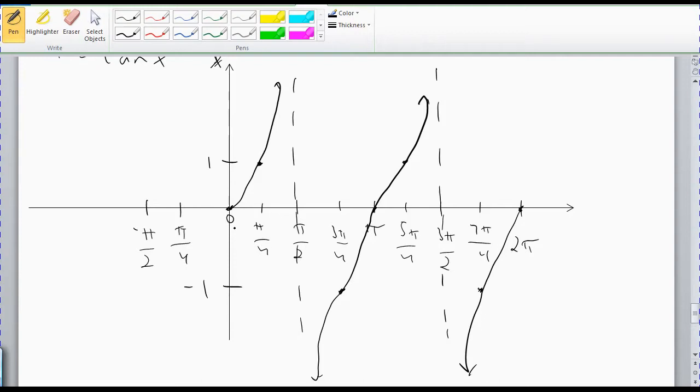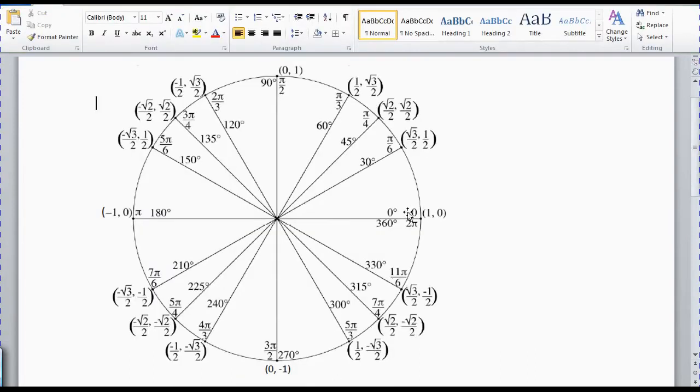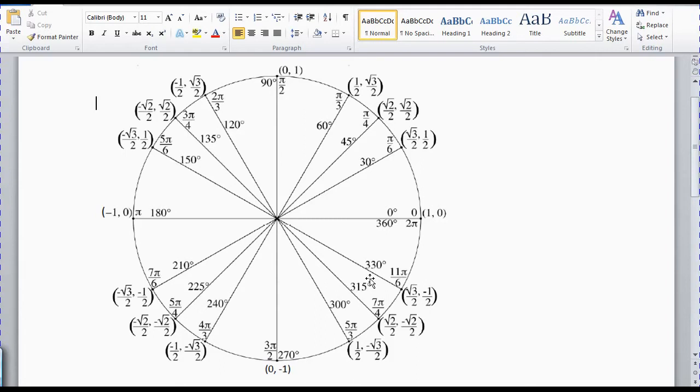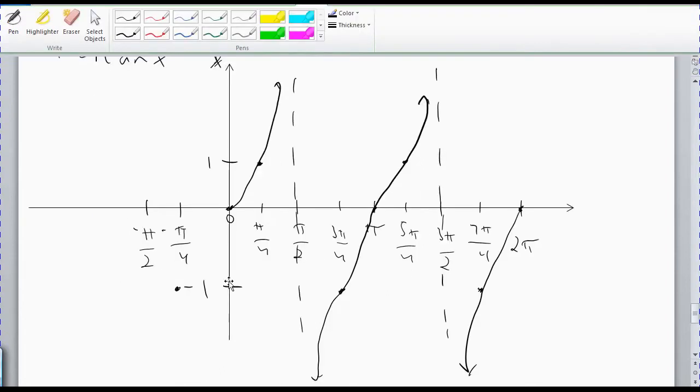And we do that so you can see the negative values. So let's look at negative pi fourths. Negative pi fourths means we go this way, so it's going to be 7 pi fourths, and that's going to be a negative divided by positive, which equals negative 1. And then let's look at negative pi halves, which goes this way. Negative 1 divided by 0 is impossible. That's an asymptote.